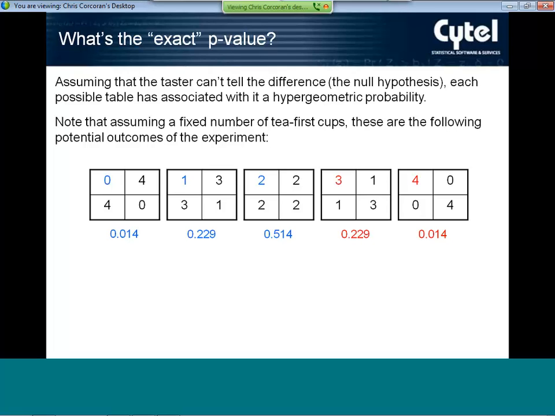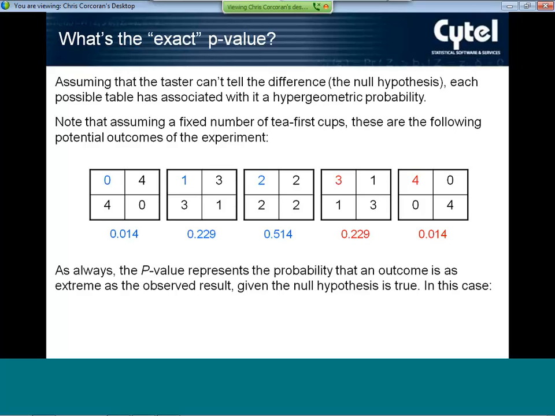So that's not all that convincing, really, because you can phrase the question like this. If we're going to think of this in terms of a p-value, then the probability, under the hypothesis that she doesn't know how to distinguish these cups, that she would do as well or better than 3 correct guesses is just the sum of these two tail probabilities, so about 23% plus about 1.5%.